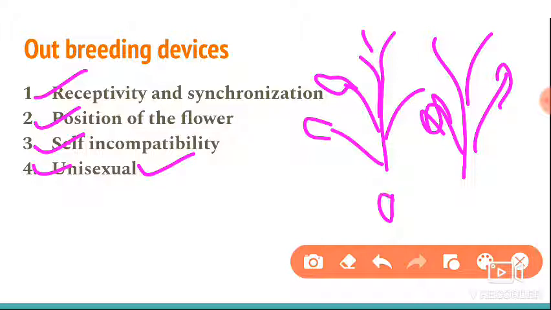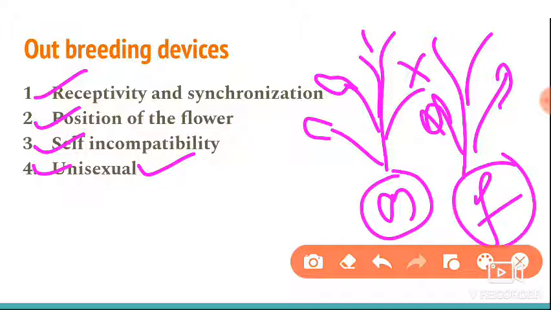This is the male one and this is the female one. Then there is no problem at all, because the plants are different, so cross pollination can easily occur. Obviously the genes vary here.